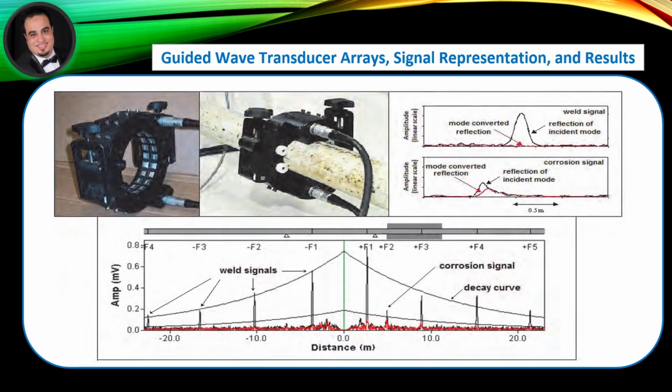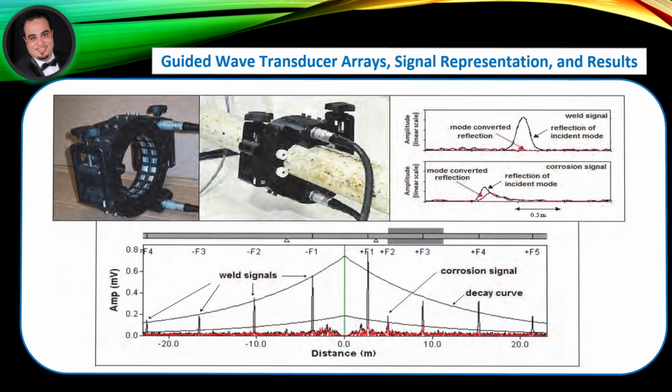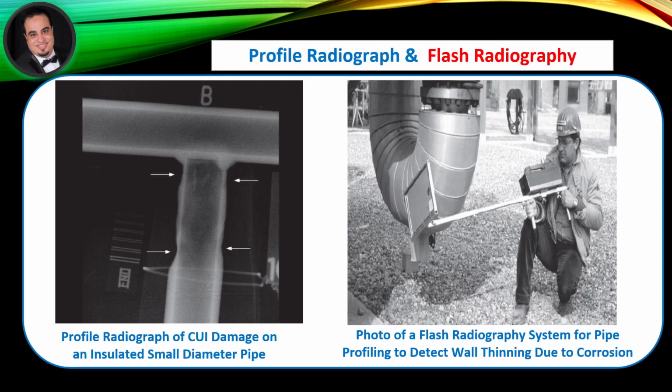As illustrated in figure. Example of guided wave transducer arrays, signal representation, and results. As illustrated in figures. Profile radiograph of corrosion under insulation damage on an insulated small diameter pipe.